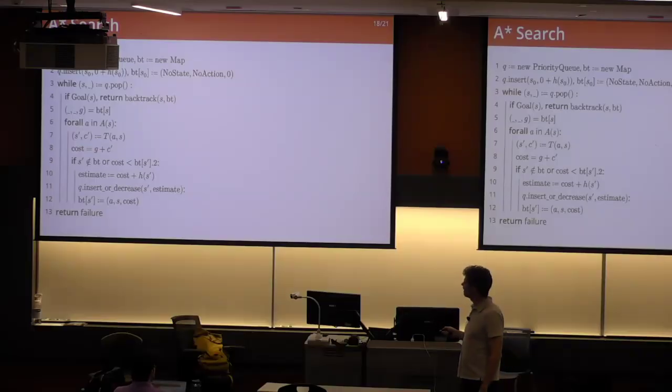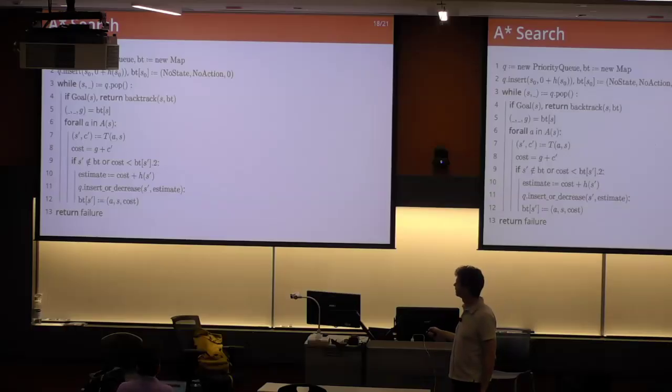Now, we may have already found some route there. So the first thing is, if it isn't in the backtracking table, or the cost to get there is cheaper than the cost that is already in that table. That makes sense? These are the terms under which I have to update my guess about the cost to get to S prime. So if I've never seen it before, I definitely have to update my belief about how much it costs to get there.